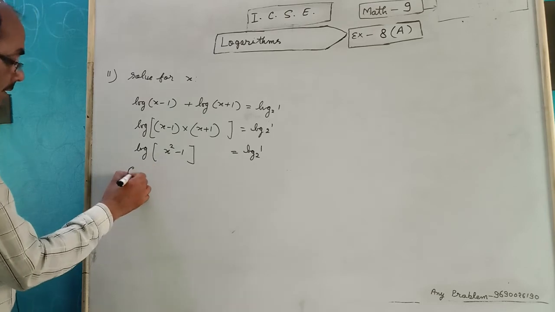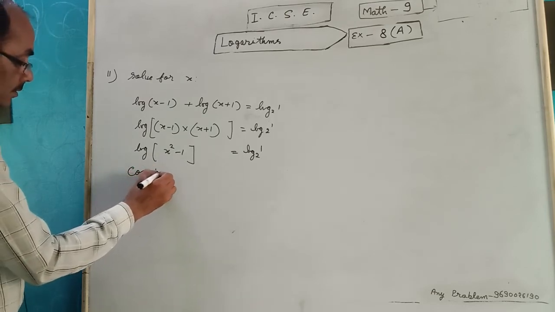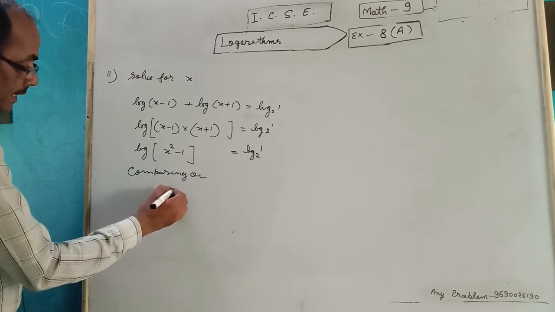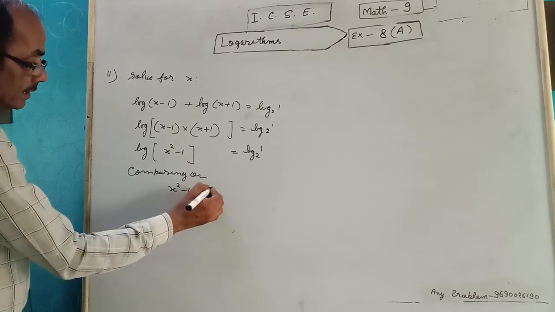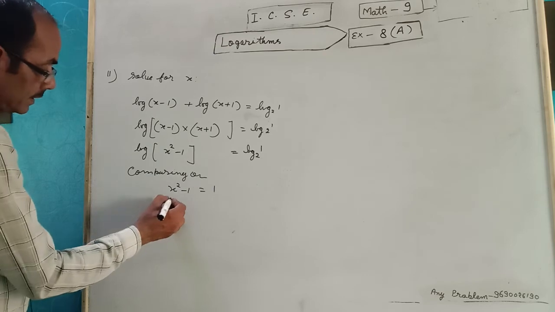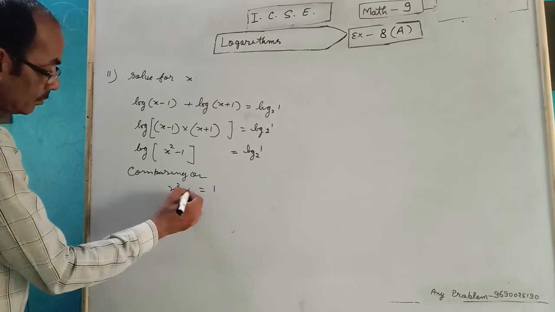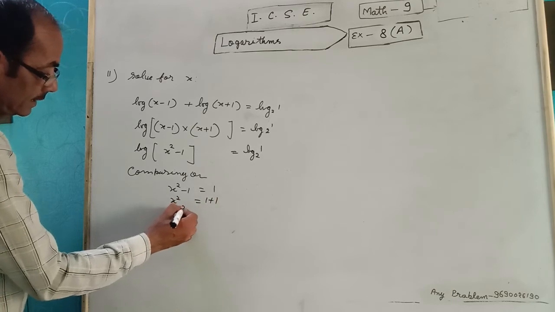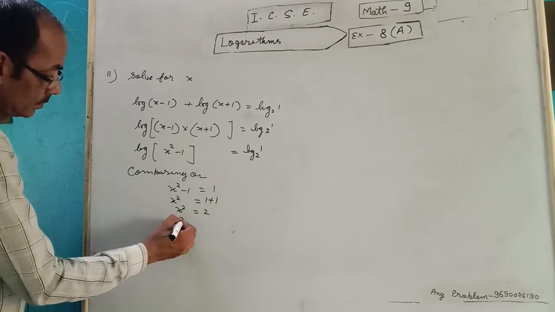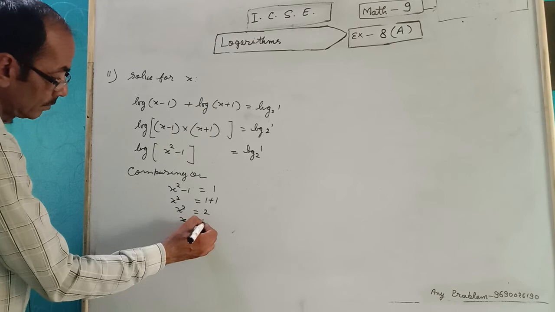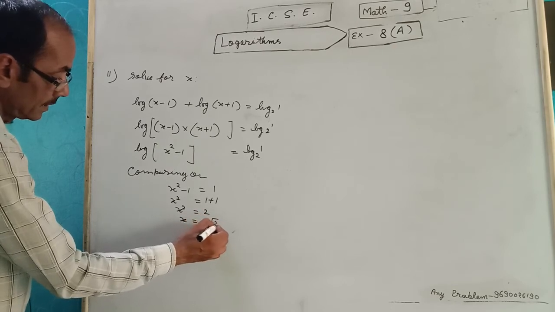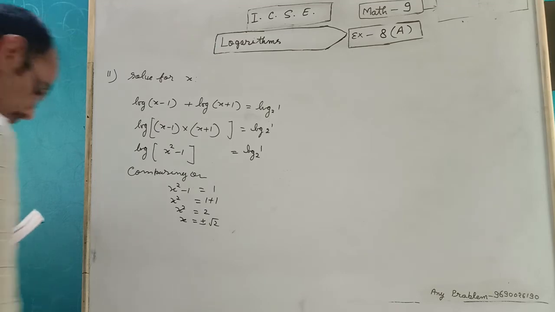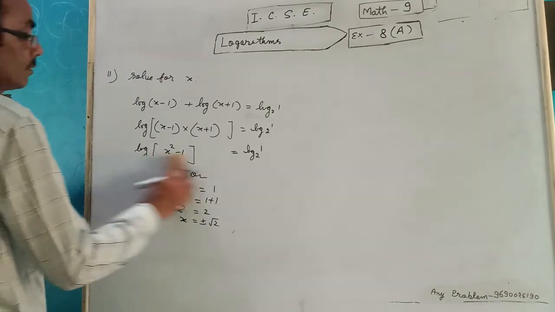Comparing, x square minus 1 is equal to 1. x square is equal to 1, reaching the right hand side, plus 1. x square is equal to 2. Then x is equal to plus minus under root 2. 11 question is complete. 12 question is.